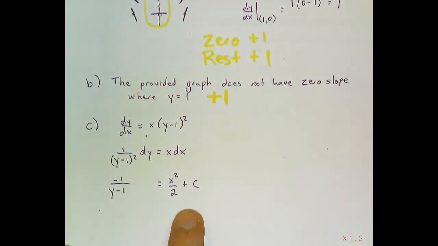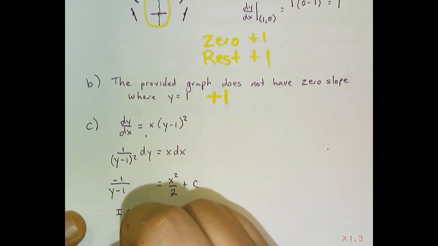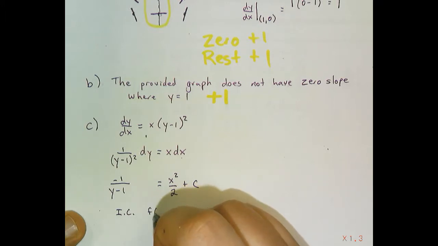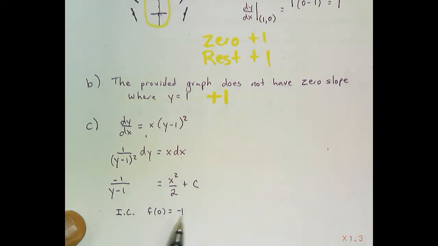At this point, we can plug in our initial condition. Our initial condition that they provided us was f of 0 equals negative 1. So when x is 0, y is negative 1. So we have negative 1 over negative 1 minus 1 equals 0 squared over 2 plus c.